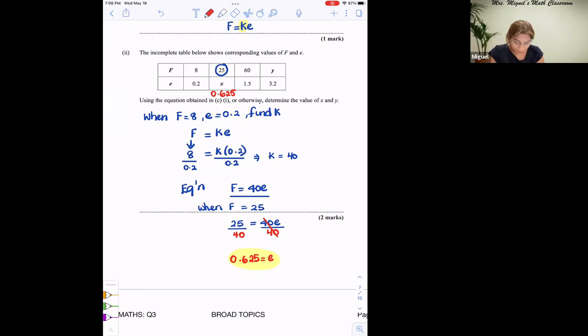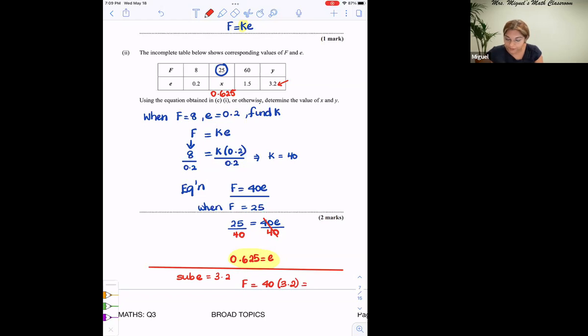All right, let's try the next one now. Substitute E as 3.2. So F is equal to 40 times 3.2. I'm sure everybody will get this one now.